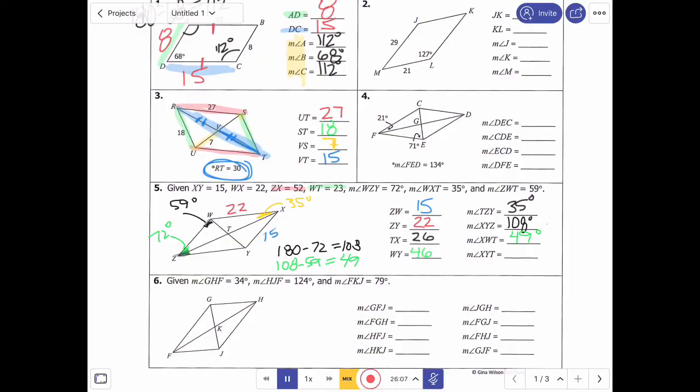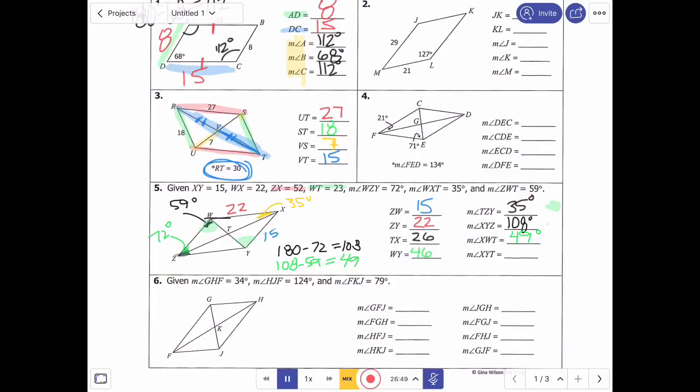Okay. Next thing, last thing I have to find for this problem, measure of angle XYT. So angle XYT, that is right here. This one is actually a lot like that first angle we found up here. So if I think about angle XYT, that should be congruent to that angle that I know is 59 degrees, because, again, of alternate interior angles.